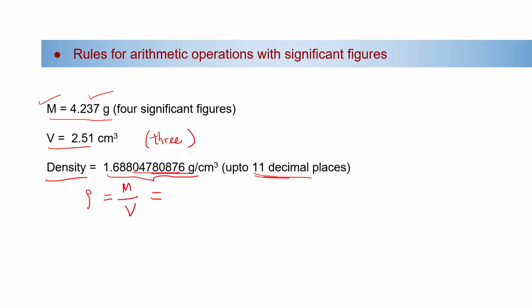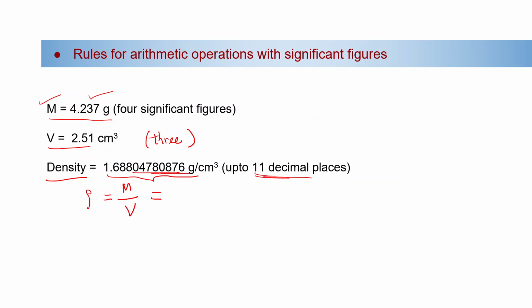When we are reporting a value with so many decimal digits, in a way we are trying to say that we measured with this much precision. If you remember the class where we discussed accuracy and precision, a value close to the true value we call more accurate, but if we get more decimal digits, that means we are talking about a very precise value.